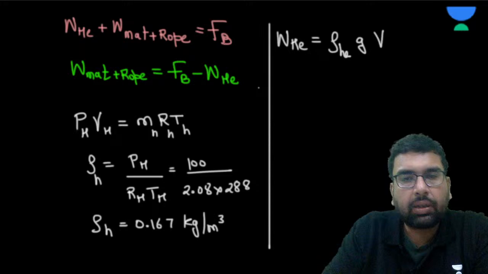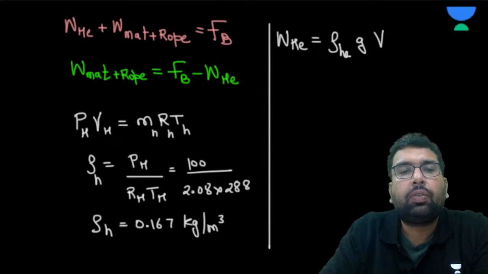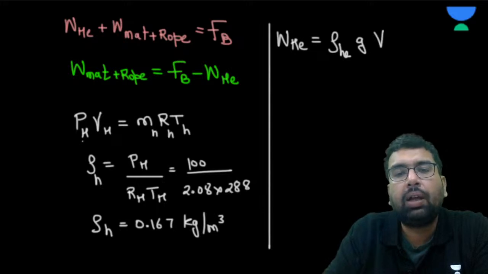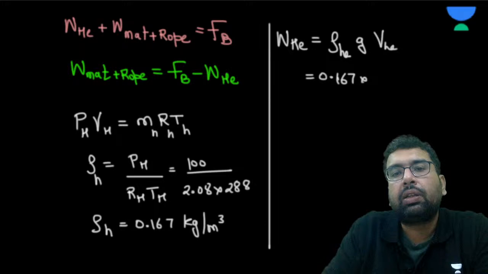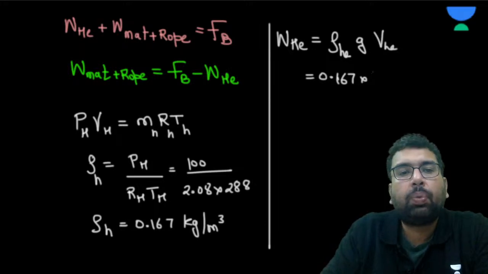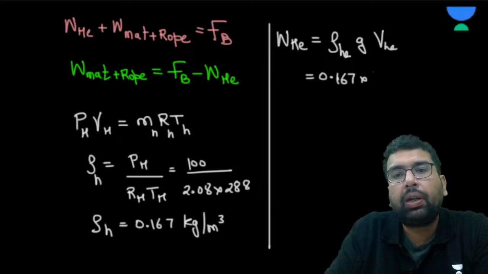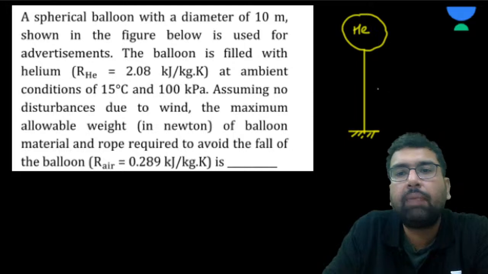Weight is the mass, that is density, multiplied by g multiplied by the volume of the helium. So this is 0.167, and g we can consider as 9.81. And what is the volume? It is said that the diameter is 10 meters.